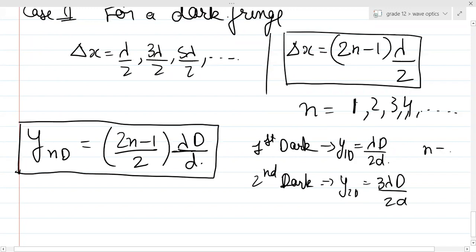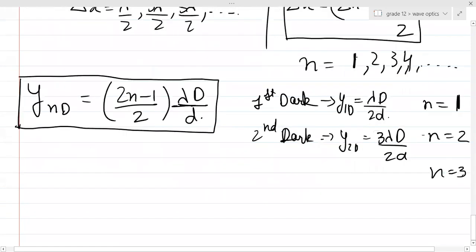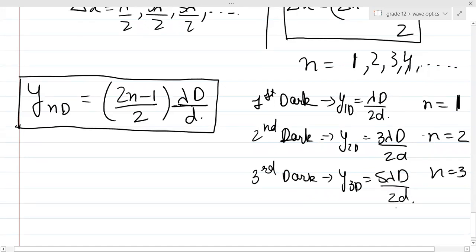Please remember, I'm doing n equals to 1, n equals to 2, n equals to 3, so in place of n I'm putting this thing. If I want the third dark, then y3 is equal to 5λD by 2d. So this is how you'll find the position of these.